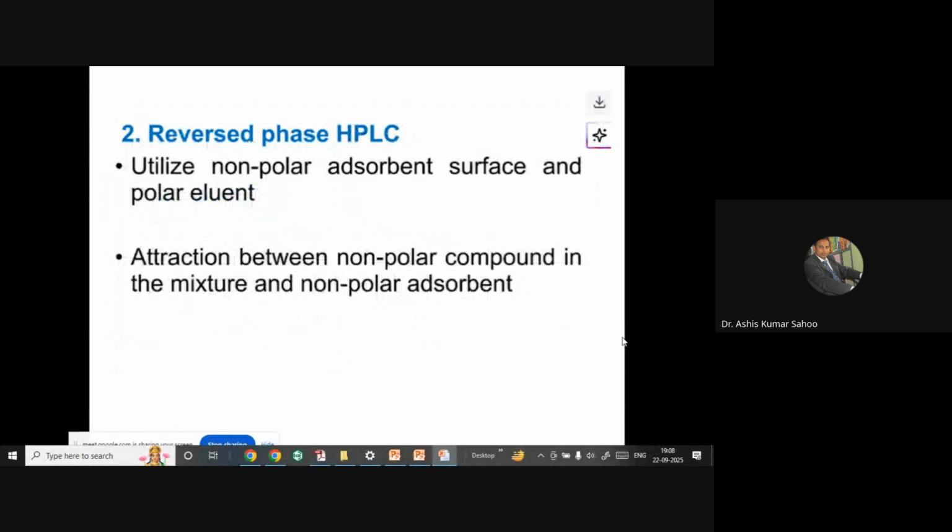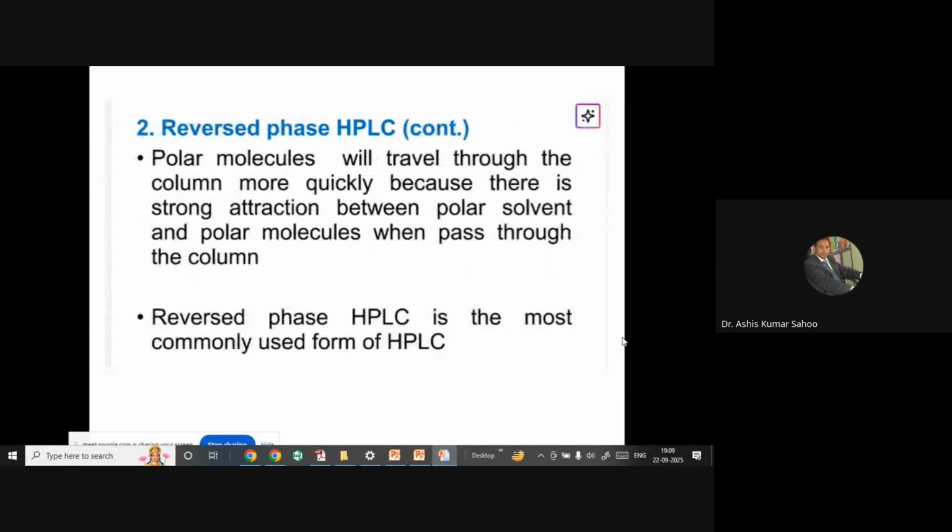Reverse phase HPLC utilizes a non-polar adsorption surface and a polar eluent. Polar molecules travel through the column more quickly because of the strong attraction between the polar solvent and polar molecules. Reverse phase HPLC is the most commonly used.